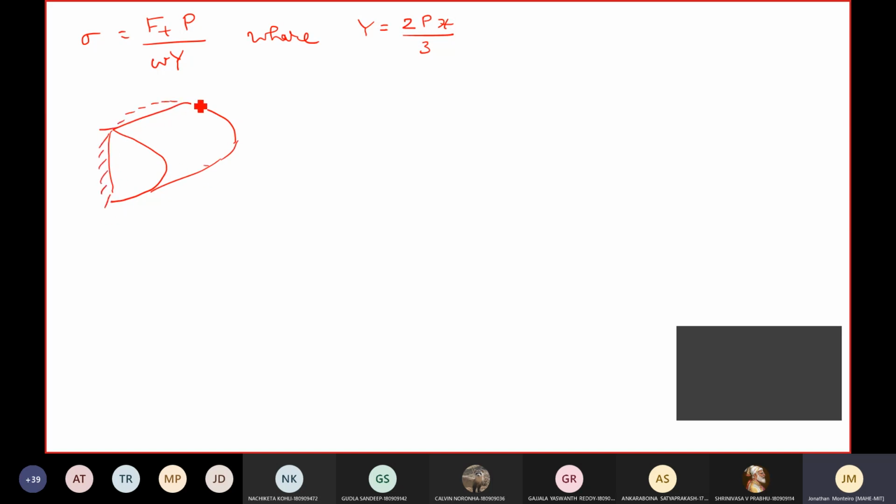So this is what your consideration is. It is like a cantilever beam with a parabolic shape, and the tooth load is acting like this, correct? Now this was your Ft load.